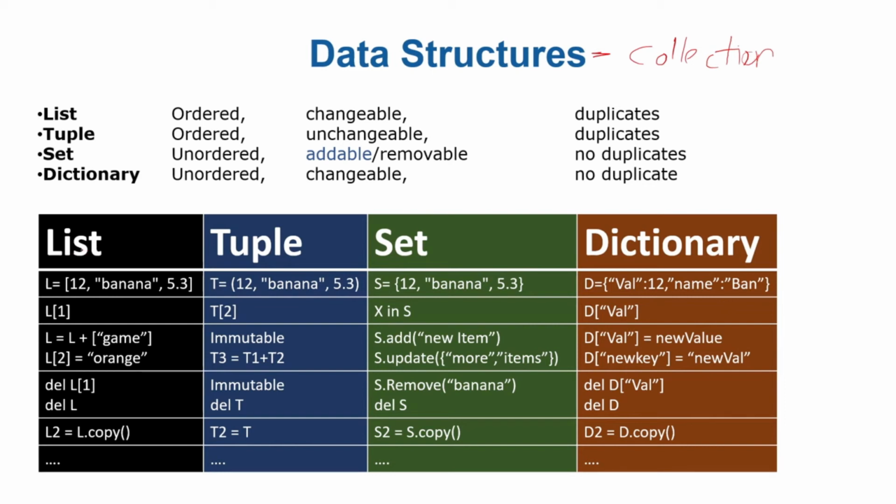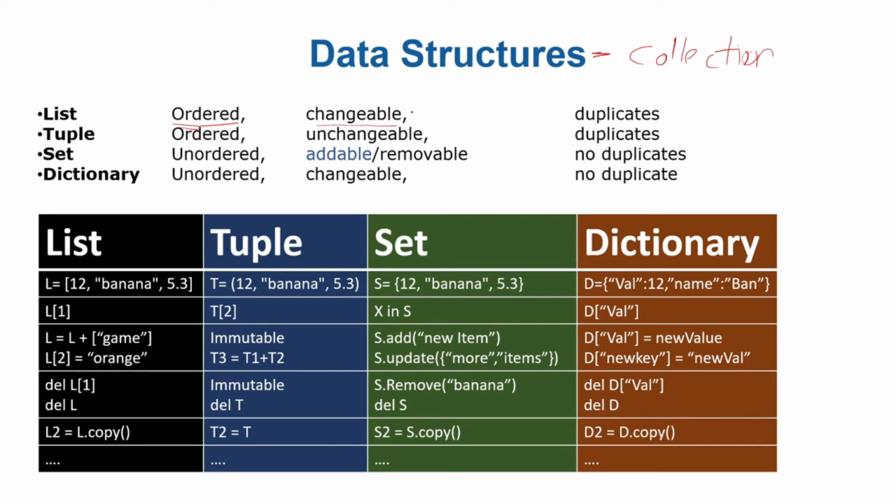So list, first is list. List is ordered. Ordered here means it is indexable, which means element number 1 is at position 1. There is an ordering of elements, first element, second, third, 25th element. There is an ordering of elements with respect to their position. So that's what we mean by ordered.